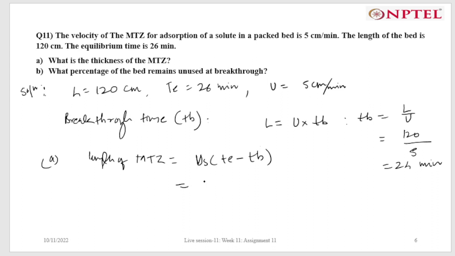Velocity given 5, T is 26 minus TB calculated 24. So 10 centimeters. Right. Anna, you got this one, 10 centimeters.